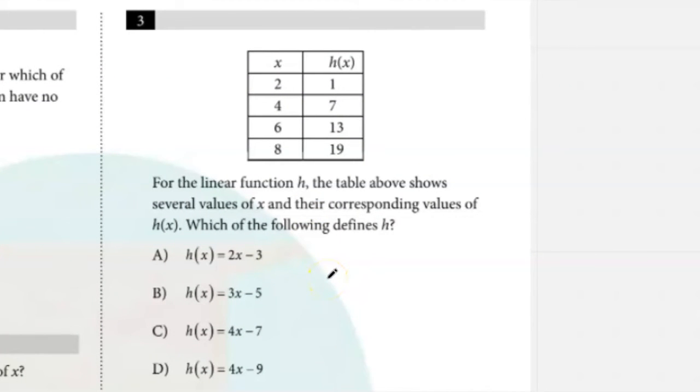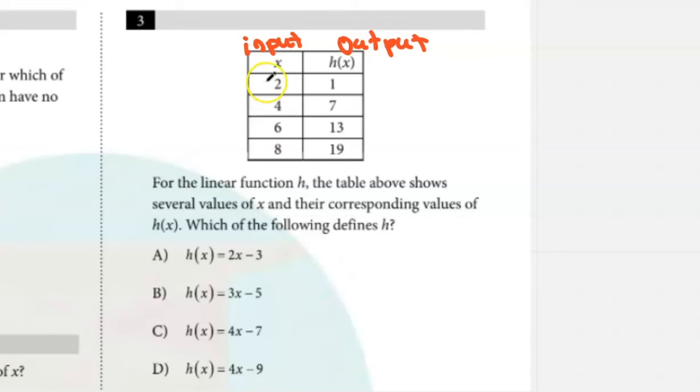Number 3, for the linear function h, the table above shows several values of x and their corresponding values of h of x. Which of the following defines h? So we can see here through the table that we have some values of x and some values of h of x. I'm going to say that x is your input and h of x is your output.